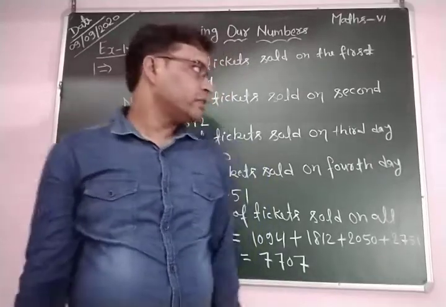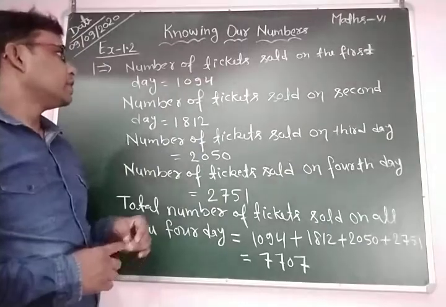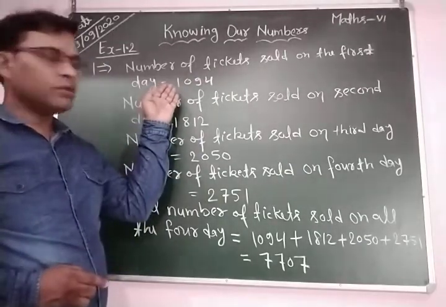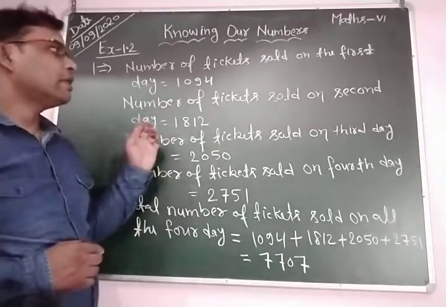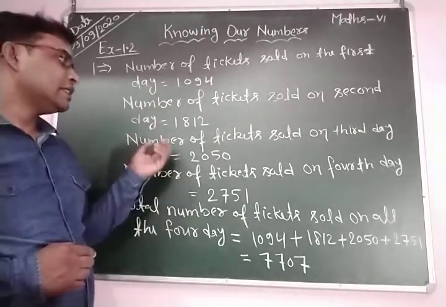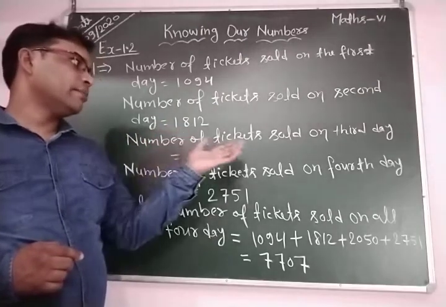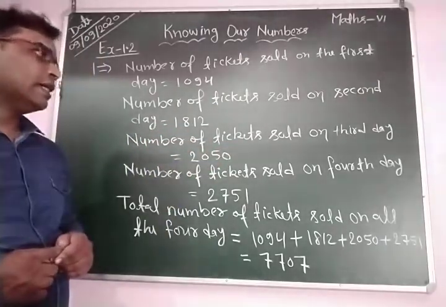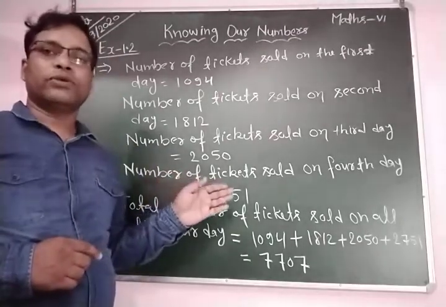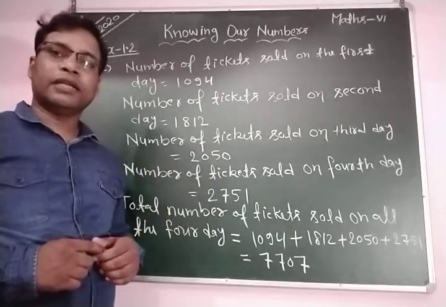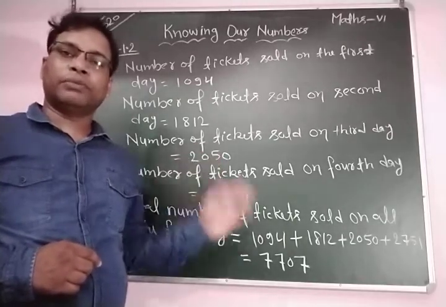So here we first write the number of tickets sold on the first day, which is given as 1094. Number of tickets sold on the second day, also given, 1812. Third day 2050, and the final day, the fourth day, 2751.